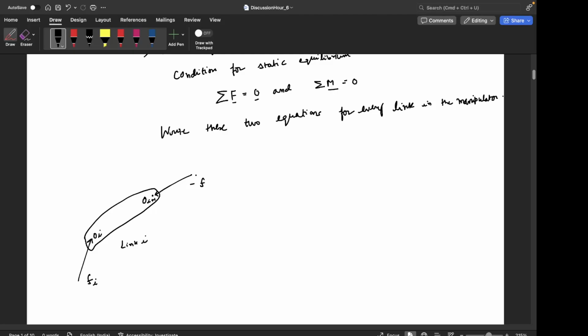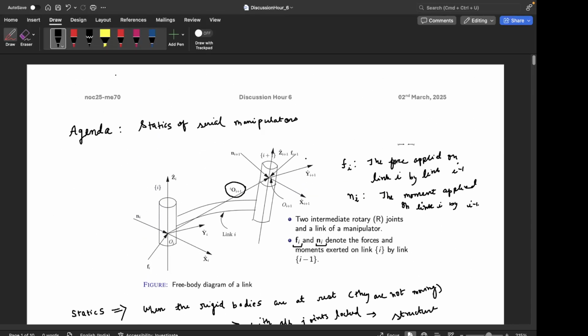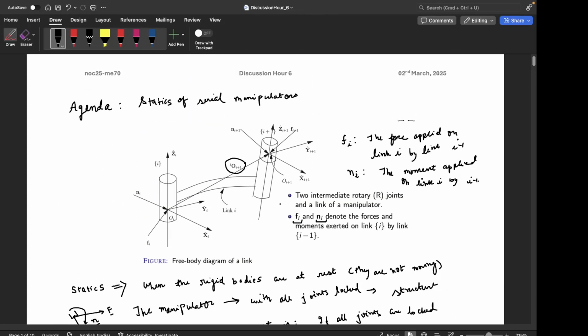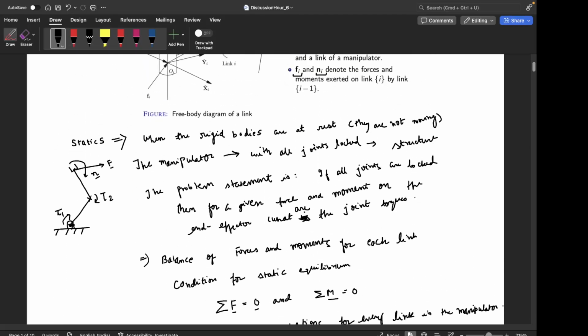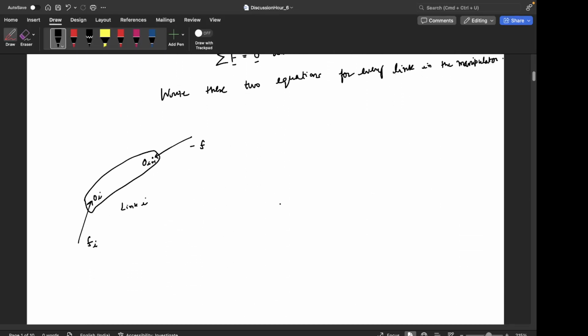Since I have made the arrow going like this, here also, this is Fi plus 1.